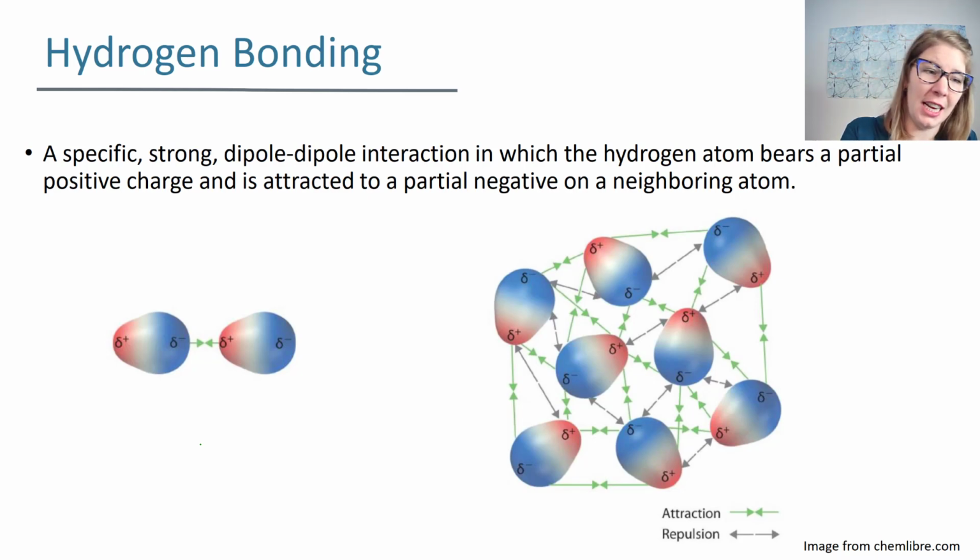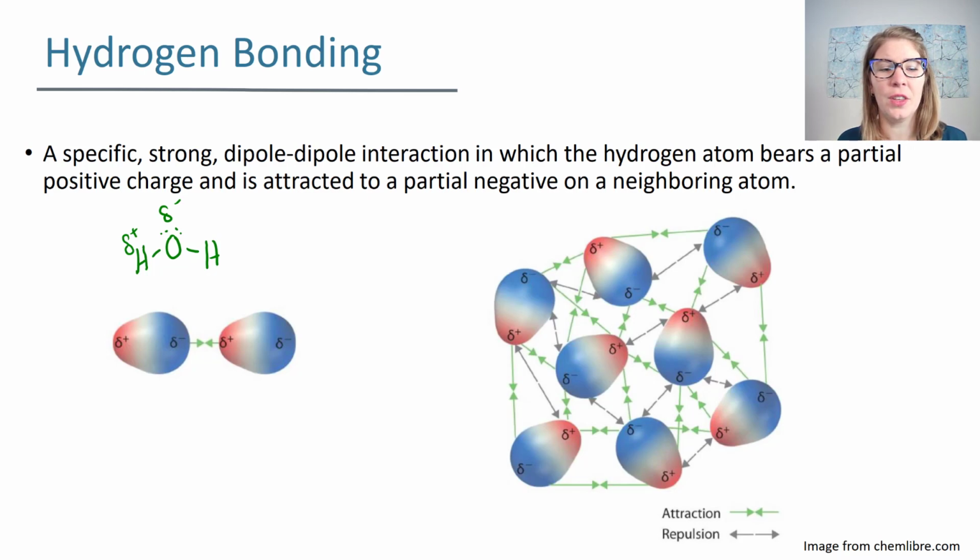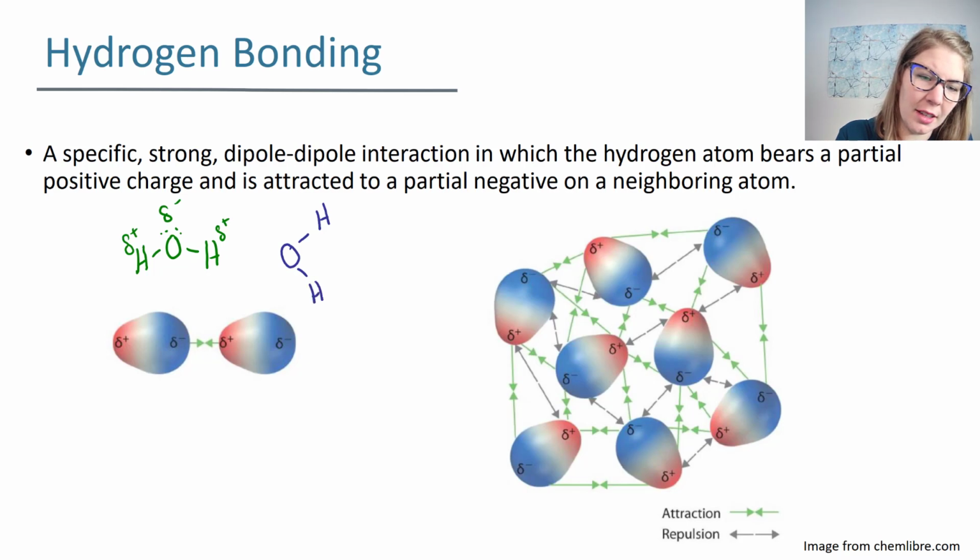The hydrogen is going to bear a partial positive charge, and I'm going to use the simplest molecule possible, which is water. So your hydrogen has a partial positive, your oxygen has a partial negative. So another water molecule is going to be attracted to this water because another water molecule is going to have a partial negative on the oxygen and a partial positive on the hydrogen.